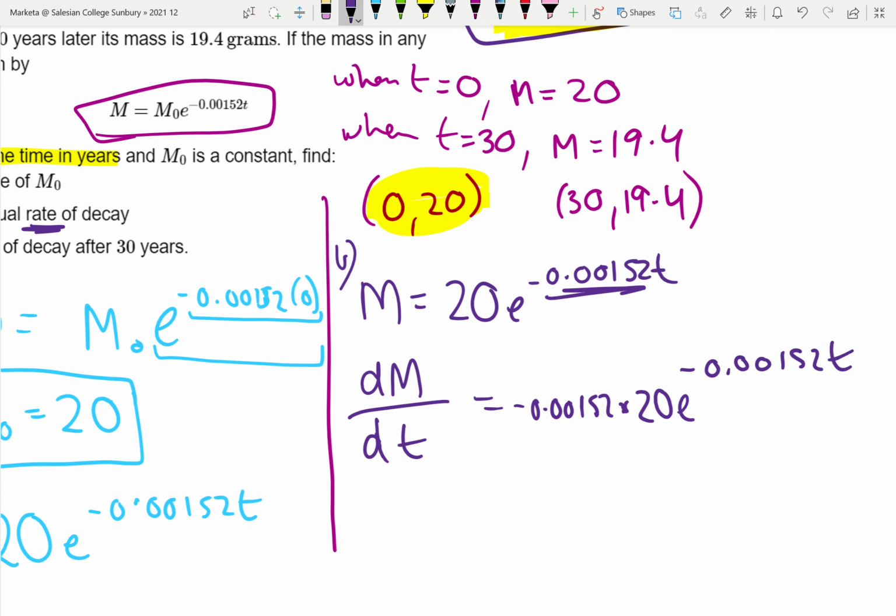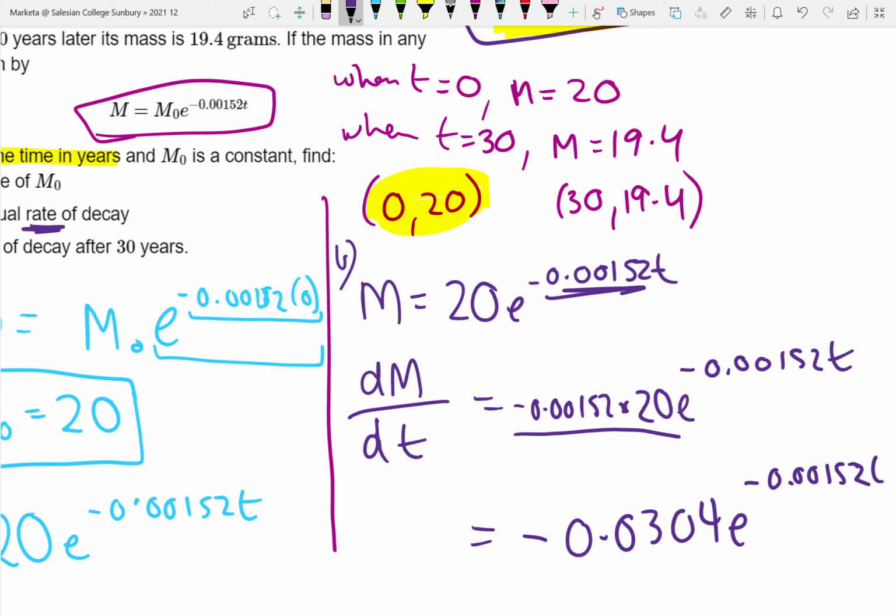So this is our derivative function, and this here, I did it before on CAS, and it's negative 0.0304 e to the negative 0.00152t. So our annual rate of decay, so the change in mass over time in years, is given by that. So that's part B.